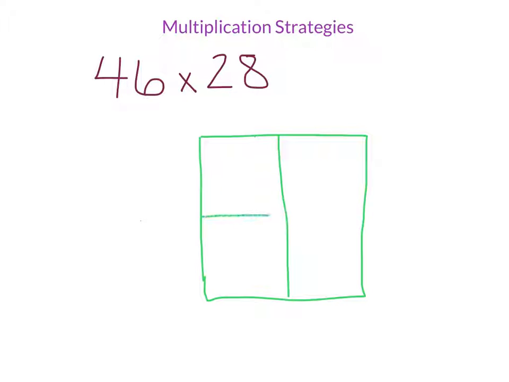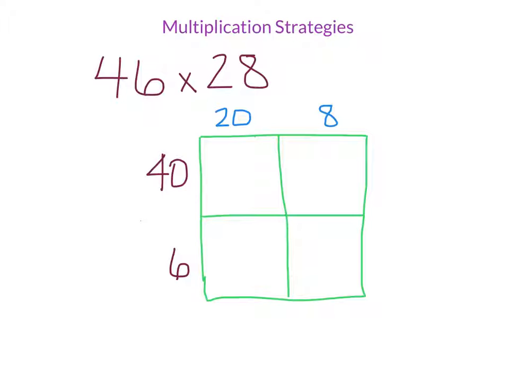So you start with squares for however many place values you have. And we're going to take our 40 and our 6. So here's 40 and here's 6. And then we're going to take the 20 and the 8.